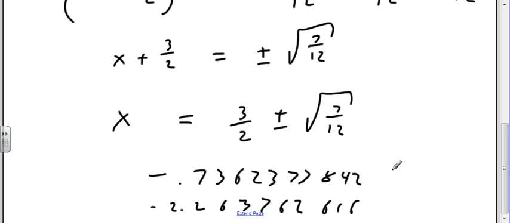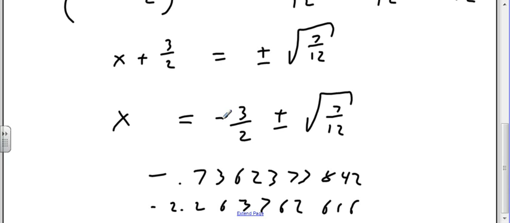Well, I don't know. Why didn't it tell me? Why didn't you just put it in radical form? Stupid calculator. Minus 3 divided by 2 plus, this is a minus sign. All right. Clear out of there.